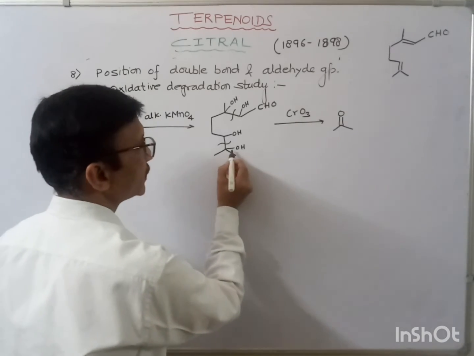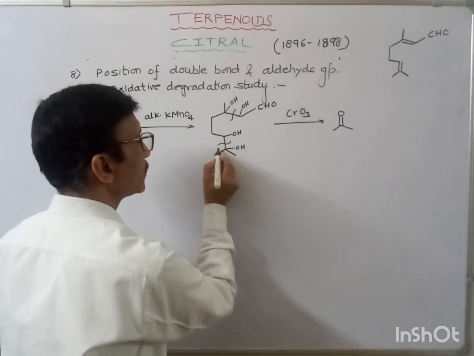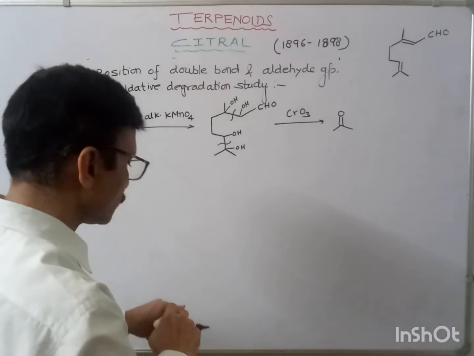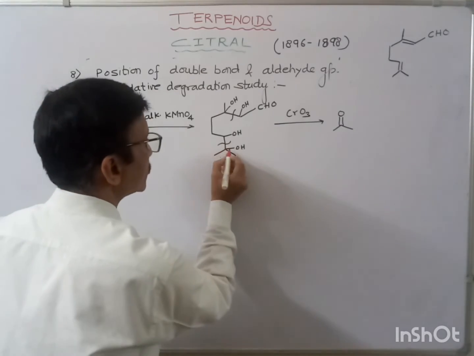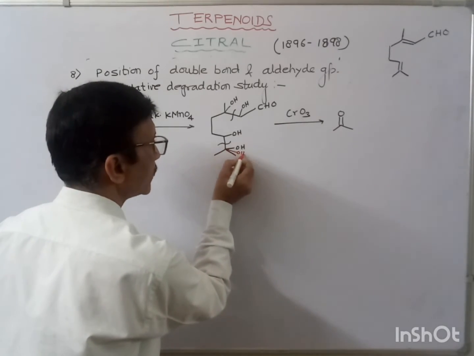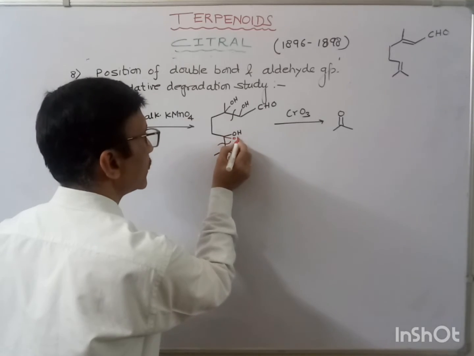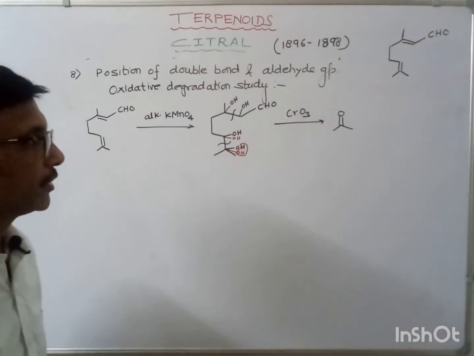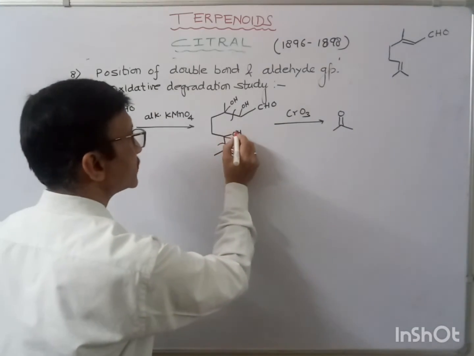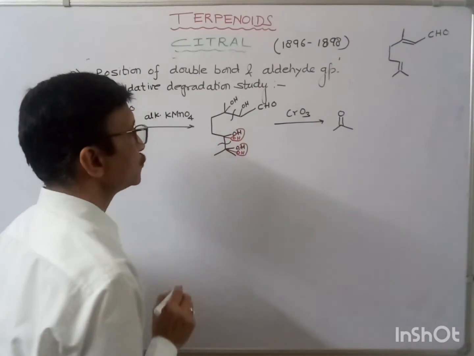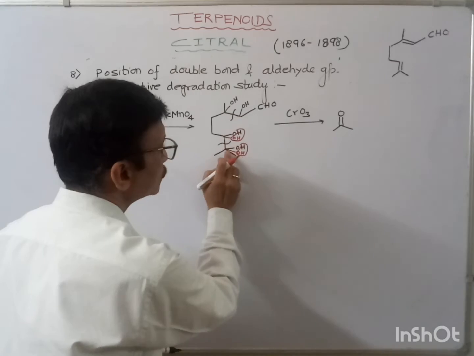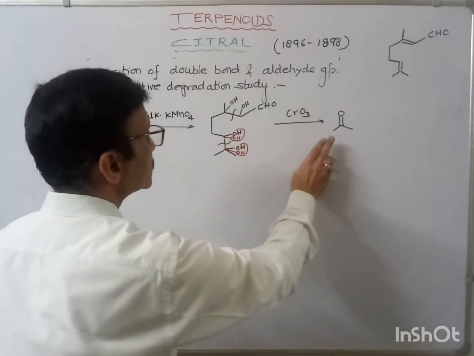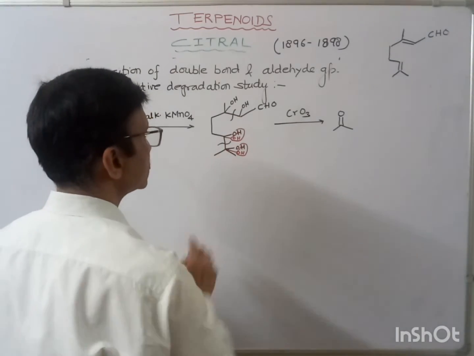How can we understand it? We can join one OH over here, another OH over here, and remove this H2O. In the same way, after removing this H2O, we will get this acetone.